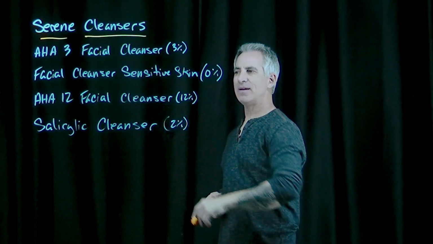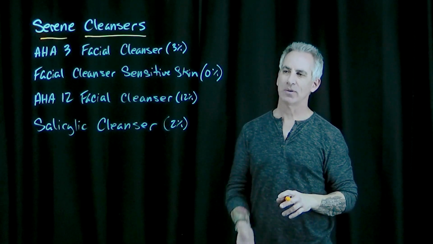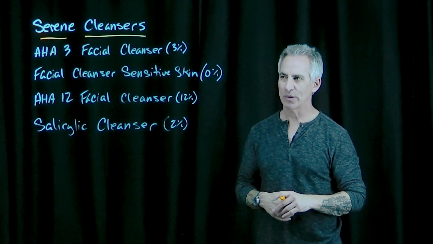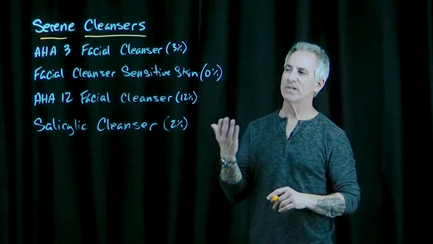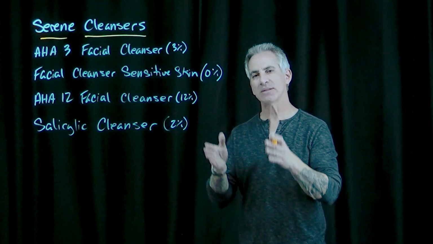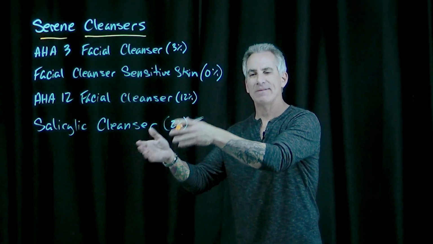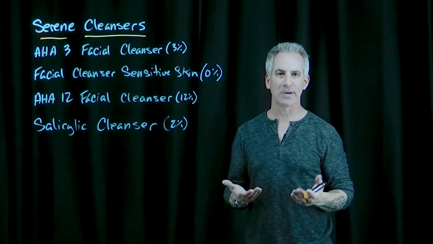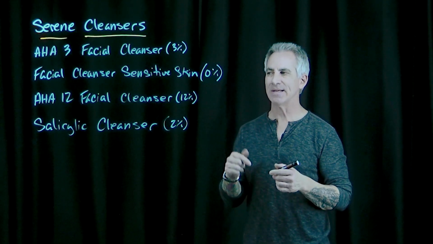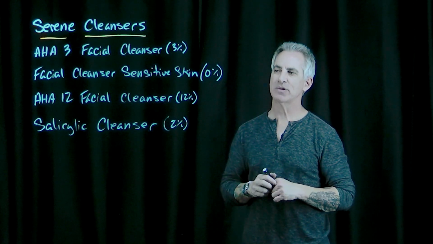So, facial cleanser sensitive skin does not have any acid whatsoever, so it gets a 0 for 0 units and 0%. And the reason it's sensitive skin is that it doesn't have any basic active ingredient other than surfactant, and in this case, it has 2 different types of surfactant.